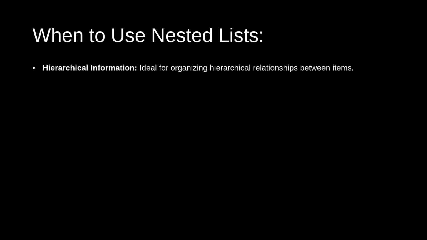So when to use nested lists. First, for hierarchical information. Nested lists are ideal for representing hierarchical relationships between items. They allow you to organize information into categories, subcategories, and further levels of detail. Menu structures. Nested lists are commonly used to create nested navigation menus where each menu item may have submenus.